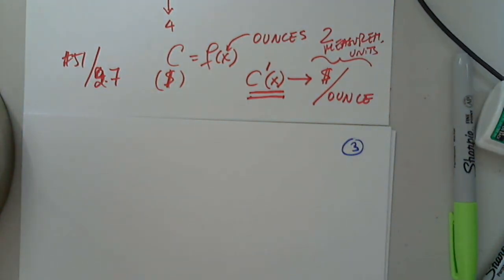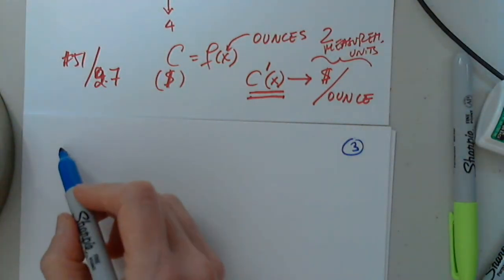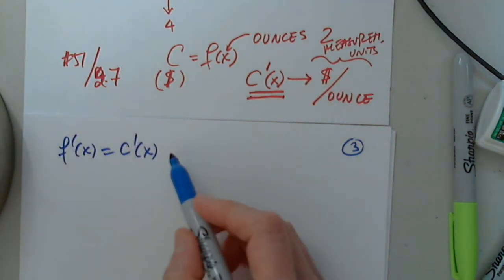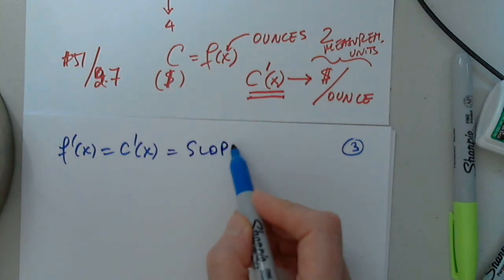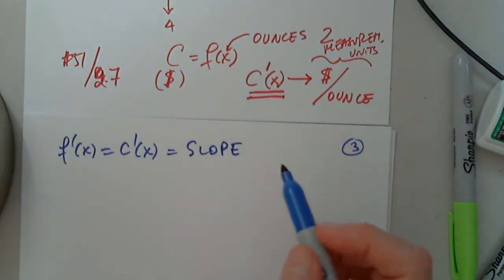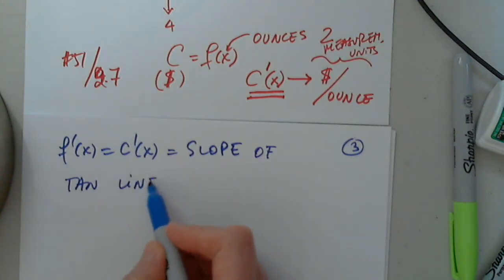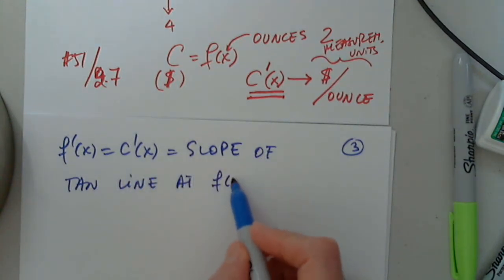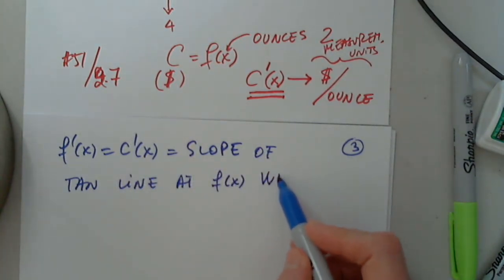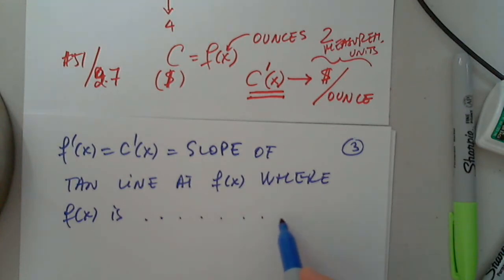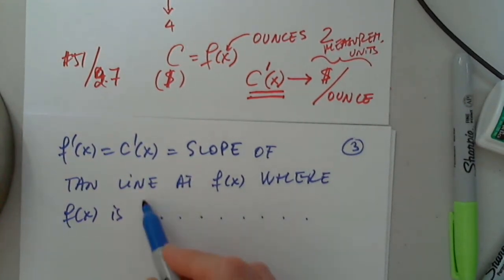At every point, so f prime of x or c prime of x, same thing. It's the slope, that's one way of explaining it. Slope of the tangent line at f of x, where f of x is differentiable. Thank you very much.